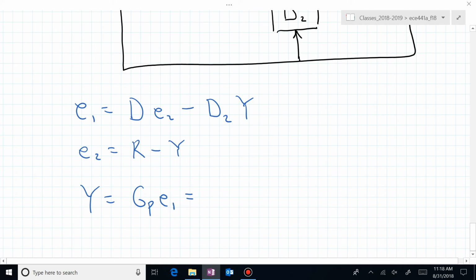and we're trying to find one equation that only contains Y's, R's, and these transfer functions.